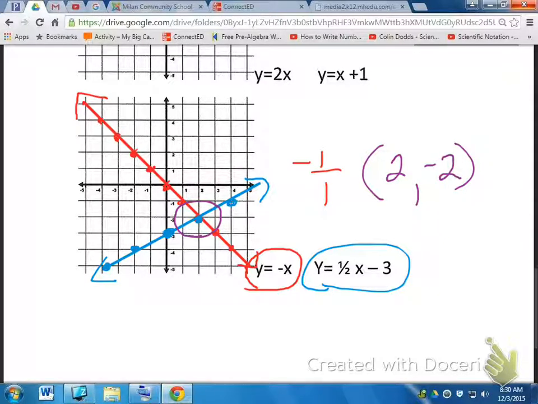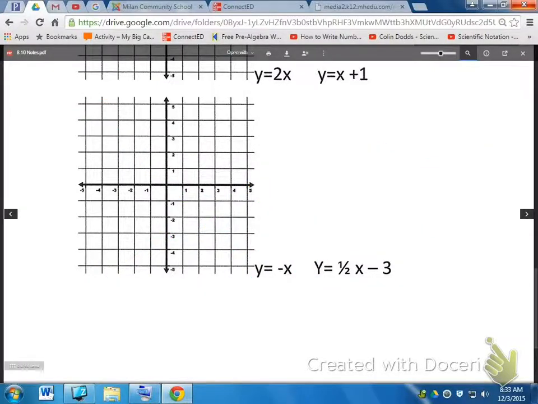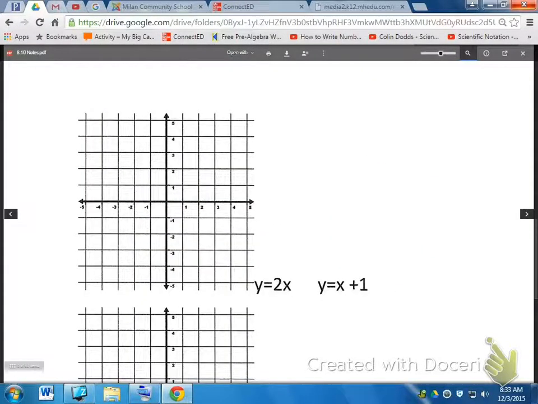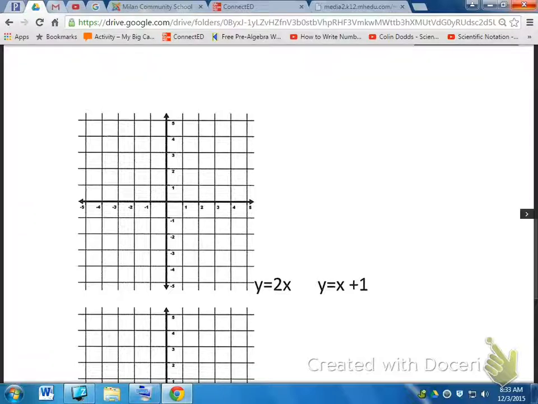Questions about that? You graph them both however you have to. Find the point where they intersect, and you've got it. Now I've got to tell you two things. There is this great possibility that this could happen. Obviously this isn't these two.